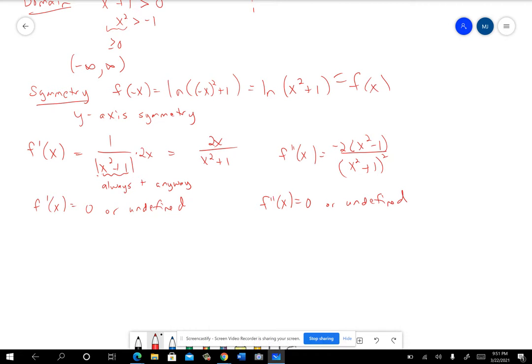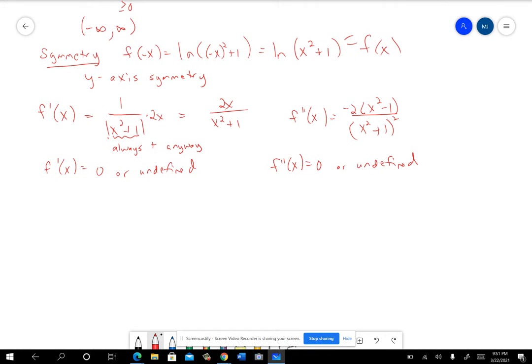Okay, so when you're looking at where f prime of x is equal to 0, for a fraction to equal 0, the numerator would have to equal 0. And that happens when x equals 0, and there's nothing making it undefined, because you can plug in positive, negative, or 0, and you won't get a 0 in the denominator.